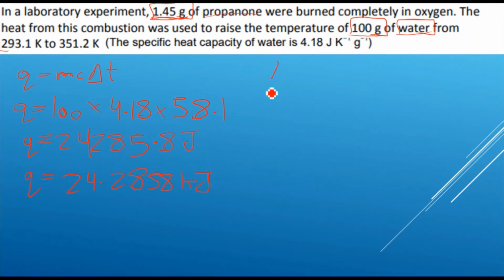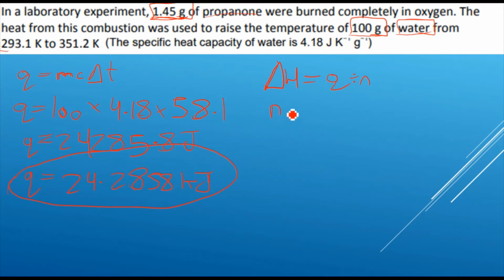Okay, so now we would write the next equation down. The enthalpy change is equal to Q divided by n. We have got Q from the first equation, but we do not have n. n is the moles of the substance we are measuring the enthalpy change for. In the first line, we have 1.45 grams of propanone which was being burnt, so the thing being burnt is what we want to find the moles of.